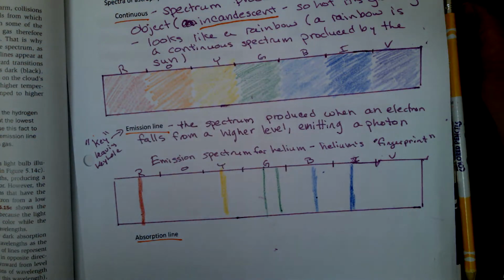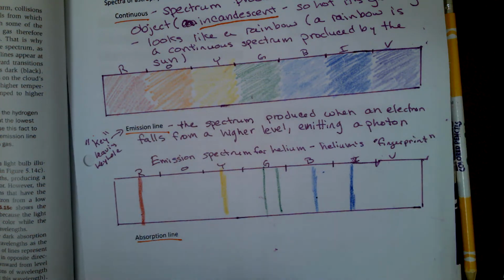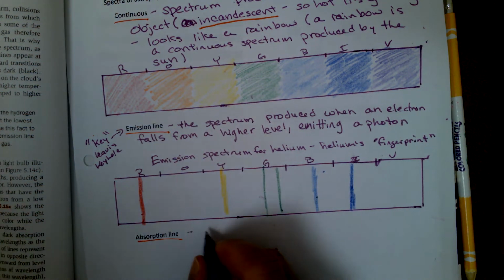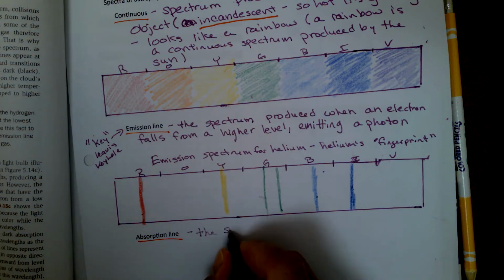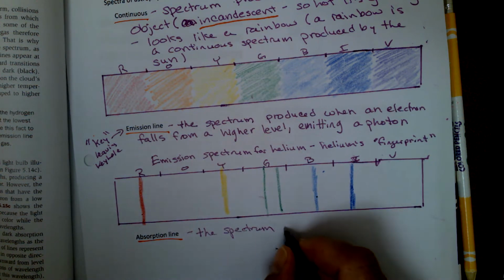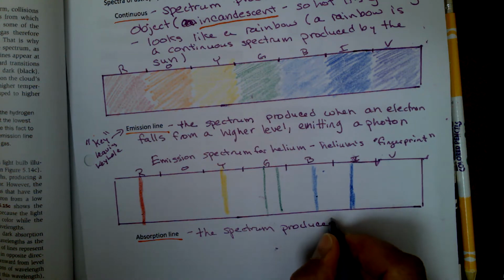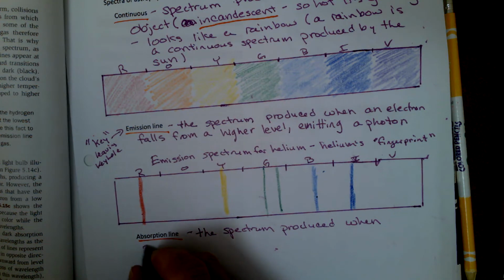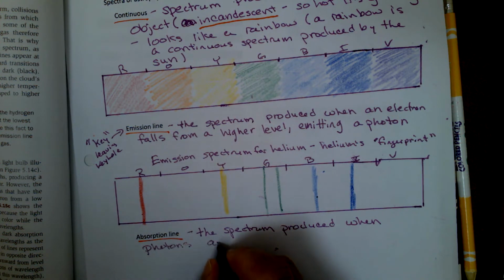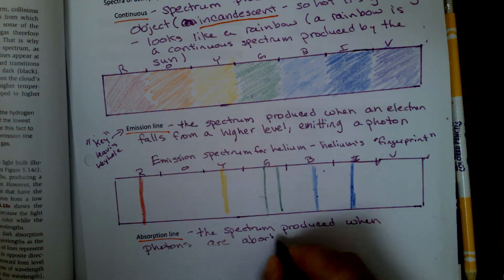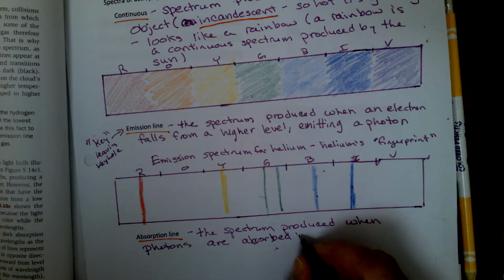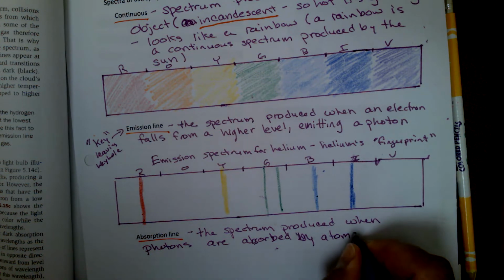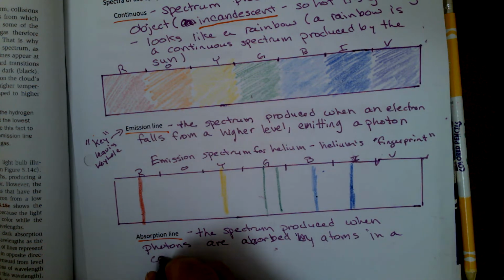Now the absorption line is related to that. So the absorption line is the spectrum produced when photons are absorbed by atoms in a cool gas.